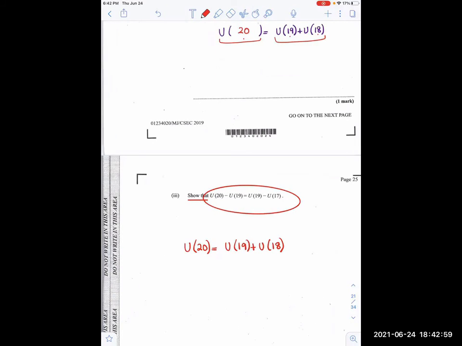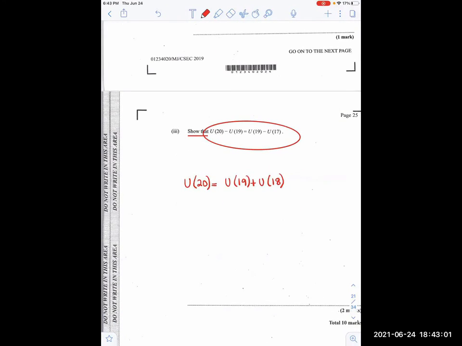What is the next term? U19. What is U19? The sum of which two terms? 18 and 17. You all agree?